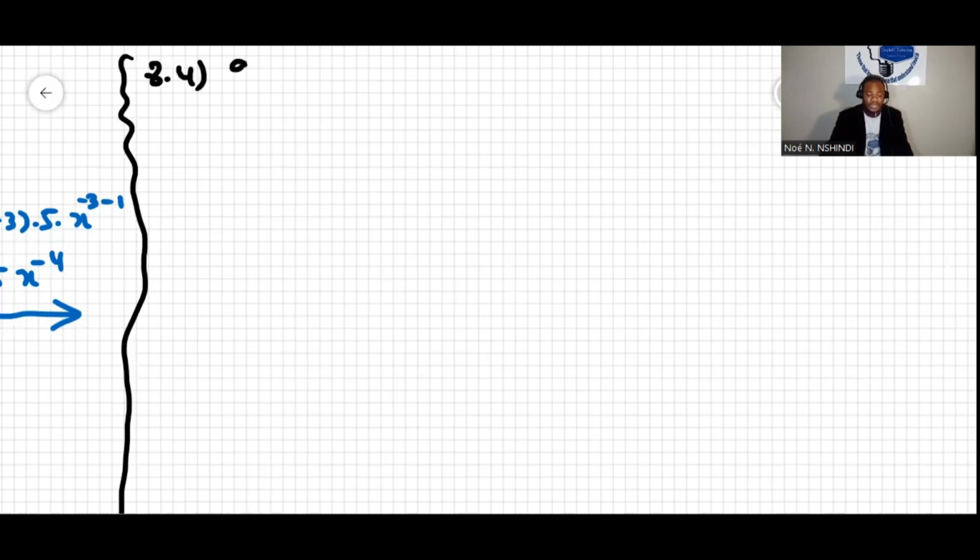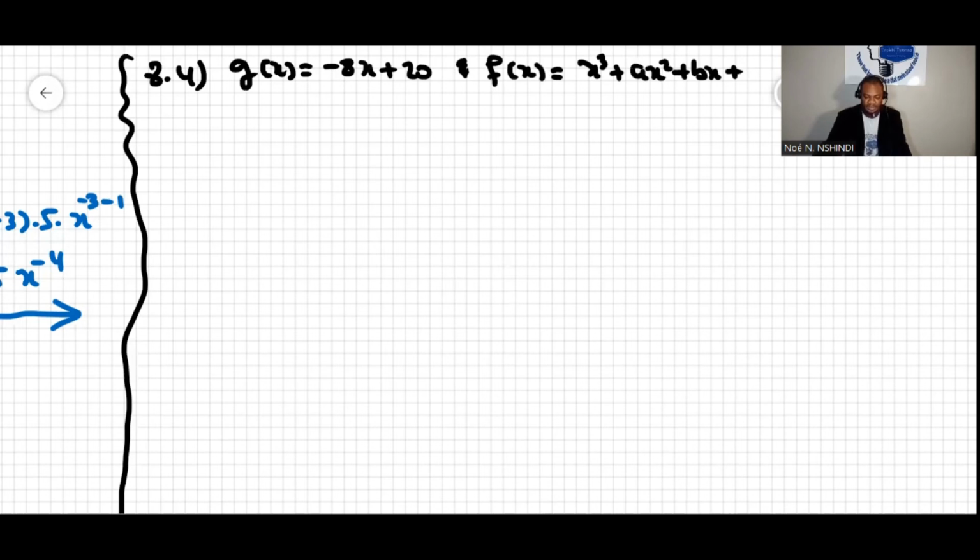And then we had g of x equal to -8x plus 20, and also we had f of x, which is given by x cubed plus ax squared plus bx minus 18.